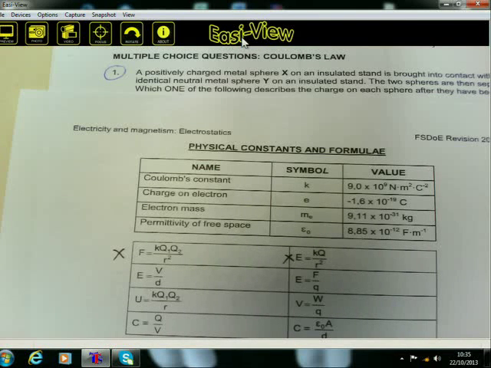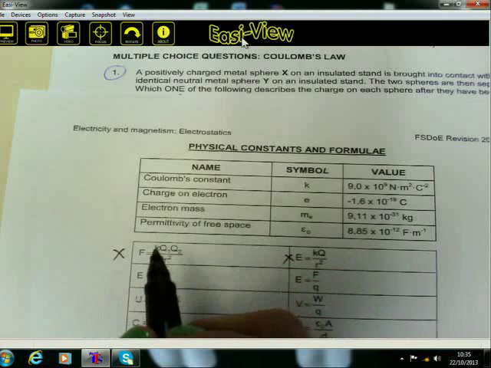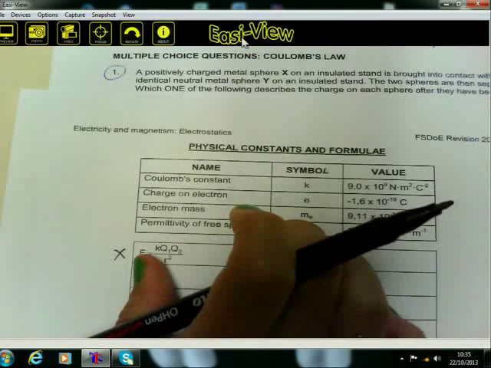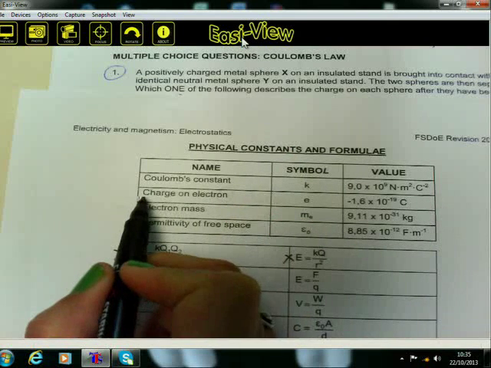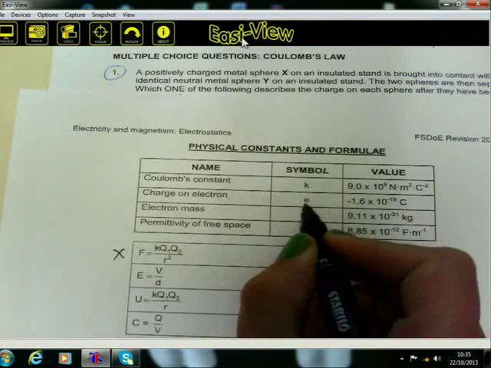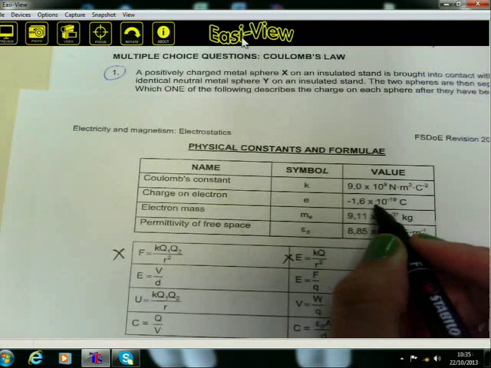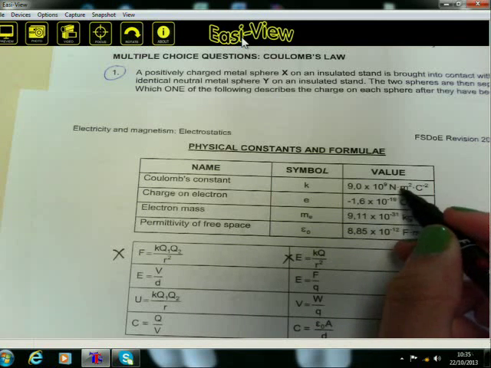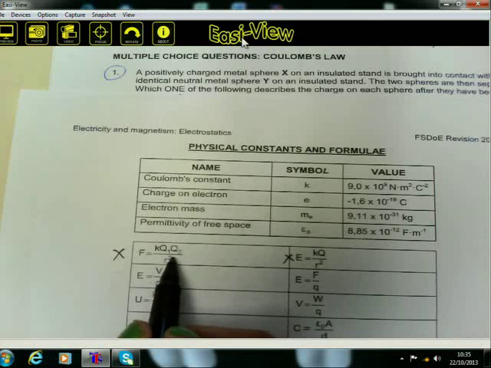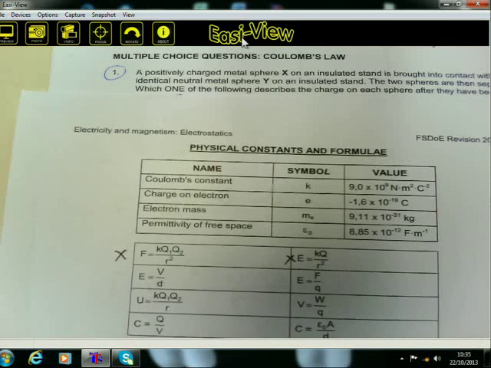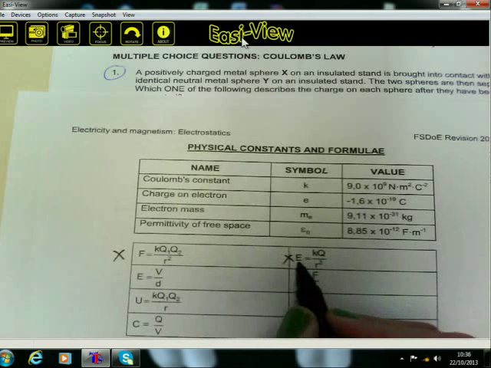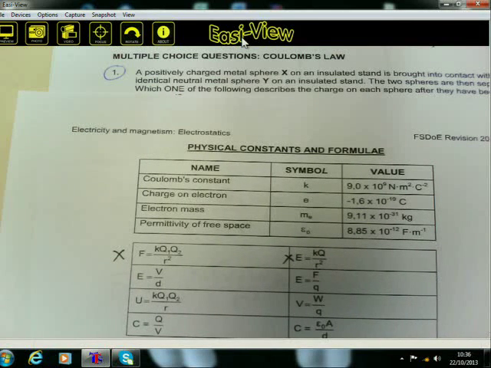Other information you might need is the fundamental charge on an electron, which you'll also find on the information sheet: charge on electron, e, minus 1,6 times 10 to the power minus 19 Coulomb. Those are the two important constants, and then these two expressions we're going to use: this one for electrostatic force, and this one for electric field.